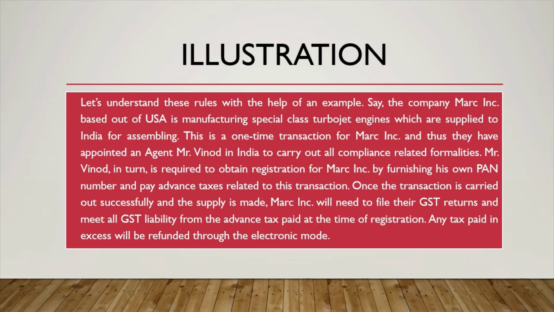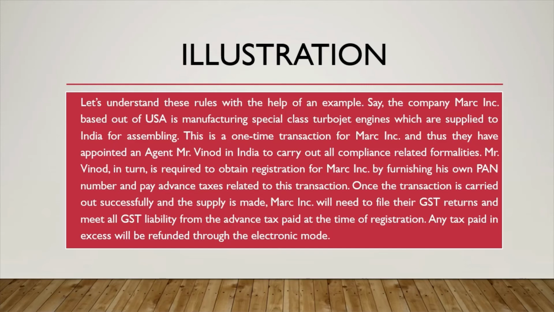The company is based in USA, but the assembling is done in India. This is a one-time transaction for Mark Incorporation, and thus they have appointed an agent, Mr. Vinod, in India to carry out all compliance related formalities.